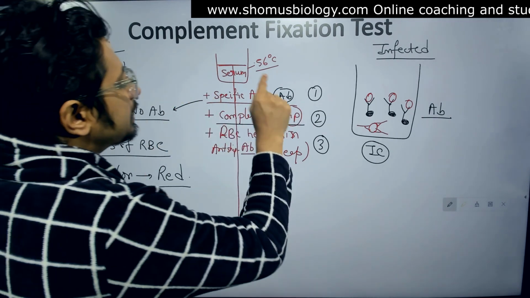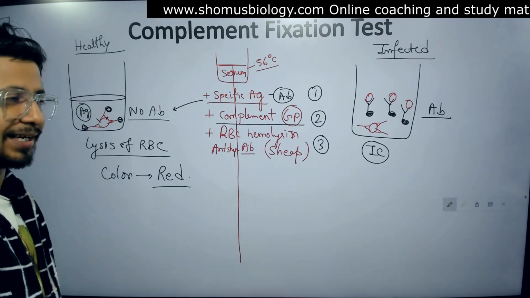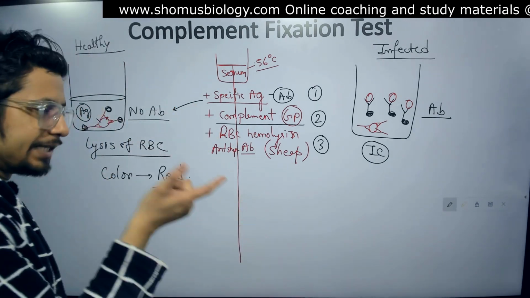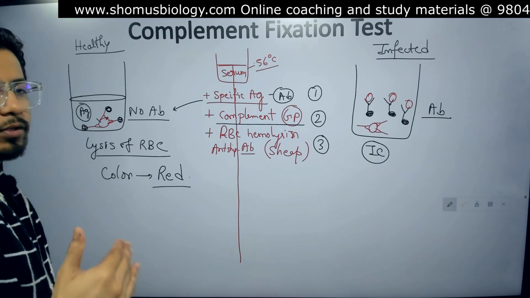So first you need to add the specific antigen, the known antigen, allow some time for incubation, then come back, add complement, allow incubation, then come back and add the antibody coated RBC, then see the result.